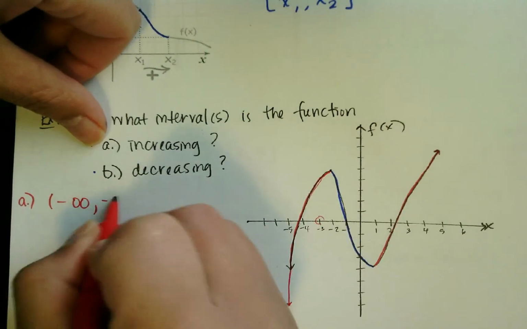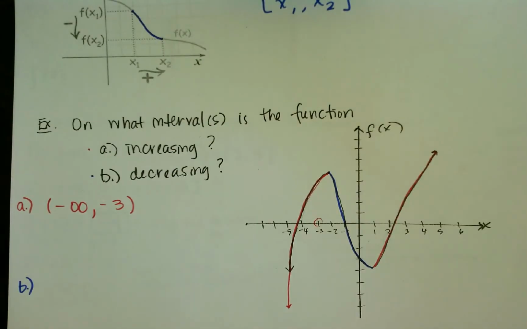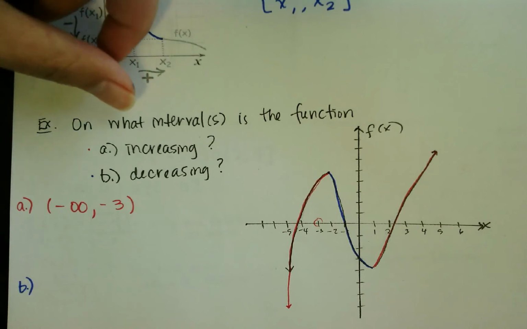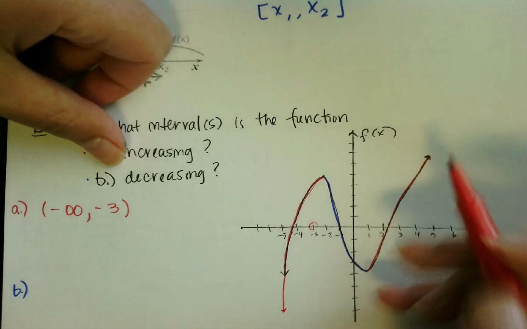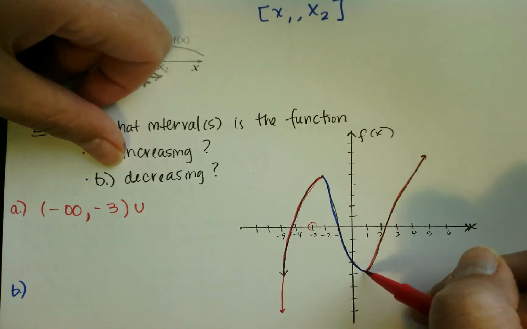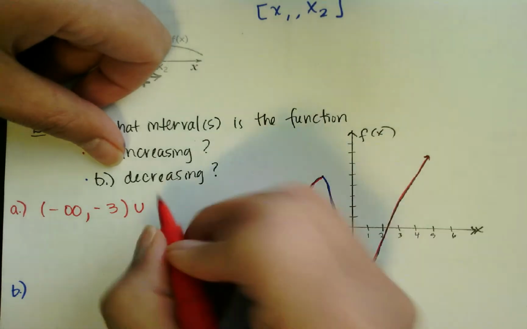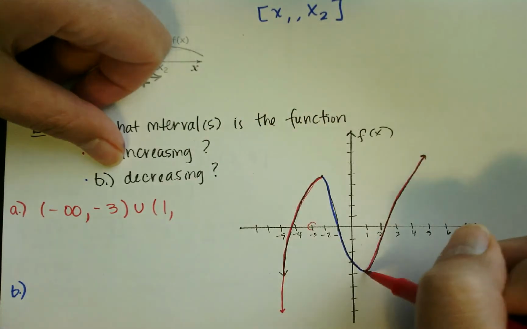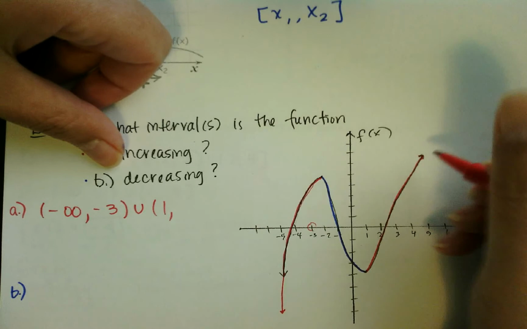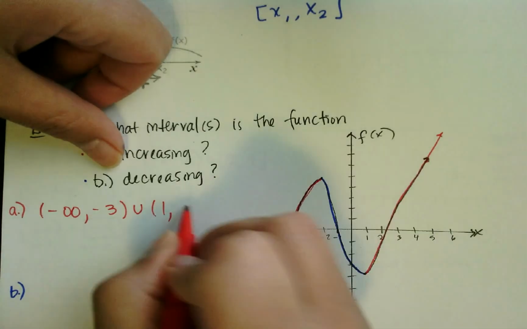Negative 3, sorry. And again, brackets, no brackets, it's up to you. I'll just use soft brackets. Also a piece of the graph, so then you would say union. Right here, the x value where the graph starts to increase again is 1, and then it goes all the way to infinity.